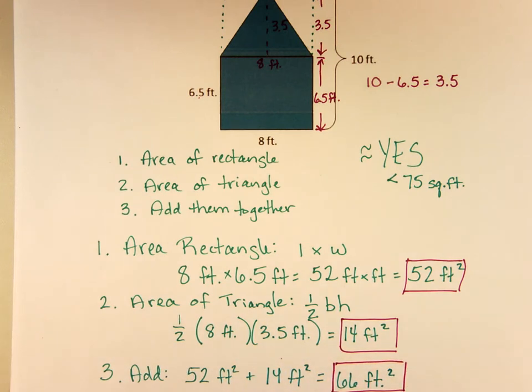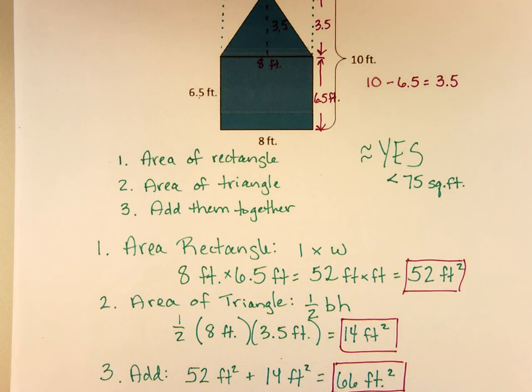So the question says, does Asher have enough paint to put one coat on the back of his shed? Well, he has enough paint to cover 75 square feet, but he only needs to cover 66 square feet. So he actually is going to have about 9 square feet left over. So the answer is yes. Our answer was less than 75 square feet. He does have enough paint to put one coat on the back of his shed.